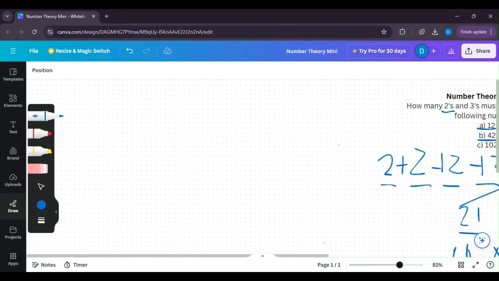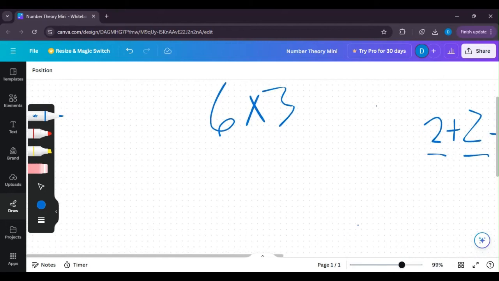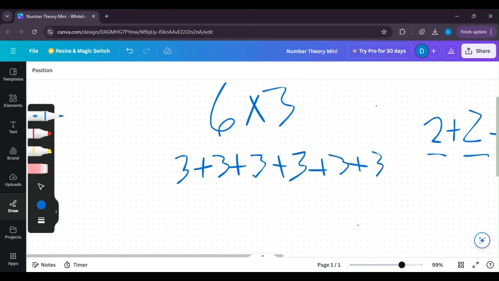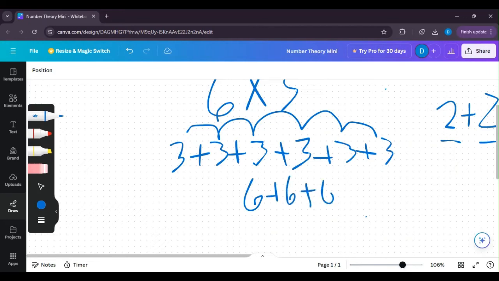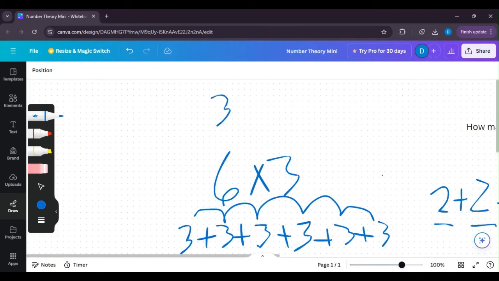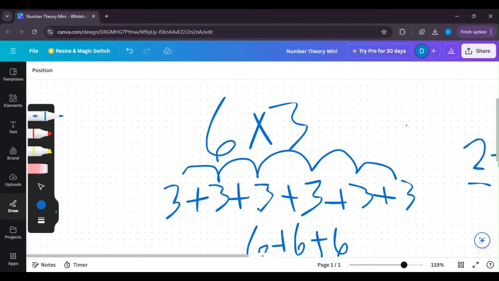It's just repeated addition, so if it is 6 times 3, it would be the same as 6 threes, the sum of 6 threes. Or it can be written as 6 plus 6 plus 6, which can be seen as 3 sixes.